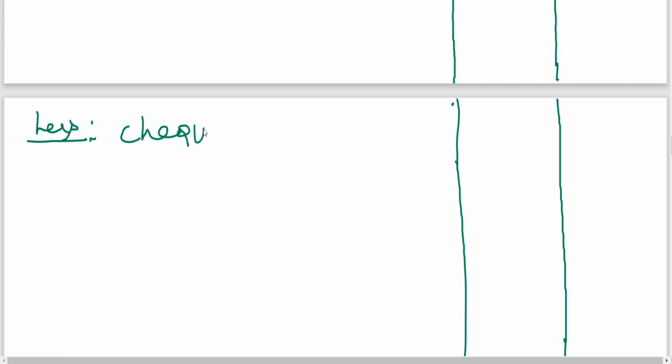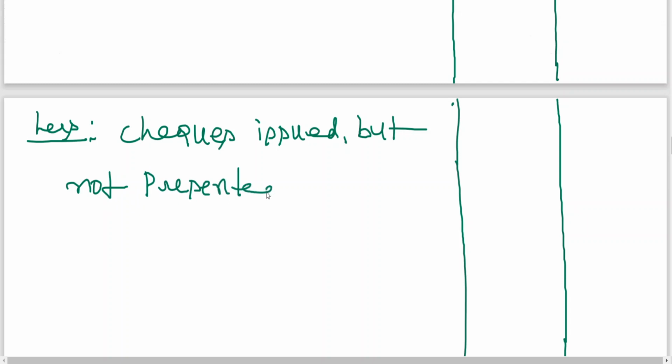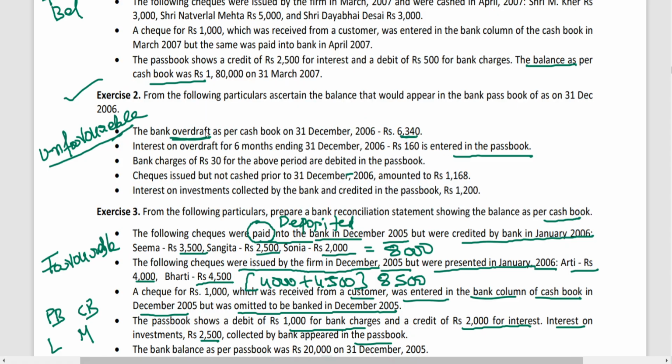Checks issued but not presented for payment. What is the total of this? 1160.